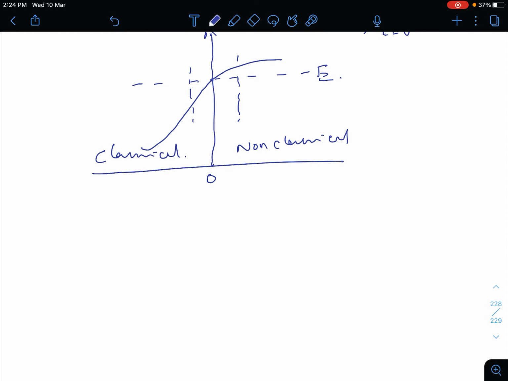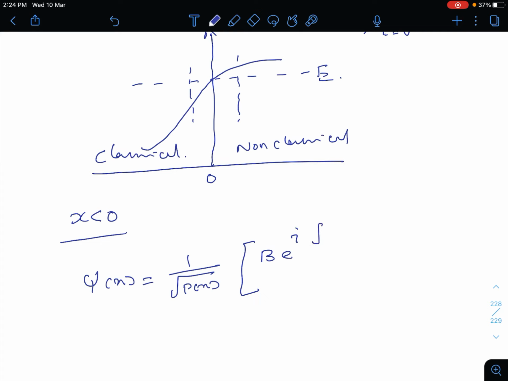Now by WKB approximation, on the left hand side of the origin, that means x less than 0, we can write the wave function psi of x is equal to 1 by root of p of x, some constant b e raised to i by h cross integral x to 0 p of x dx plus c e raised to minus i by h cross integral x to 0 p of x dx.